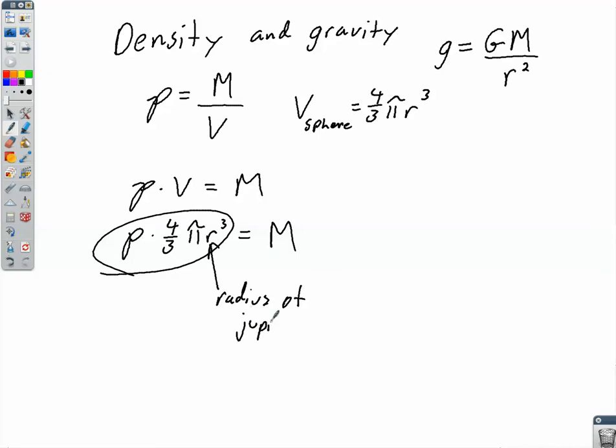So we would just need to be very careful with our radii, because this radius right here is the orbital radius. So if we're talking about what is the acceleration due to gravity on a moon orbiting Jupiter at some orbital radius, then those two r's would not necessarily be the same. If we're talking about the acceleration due to gravity on the surface of a planet, then the two r's would be the same.